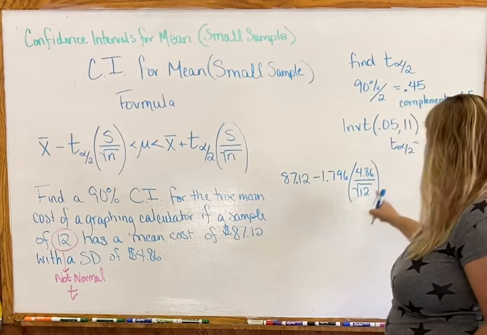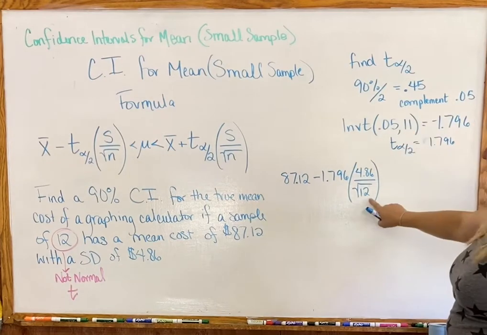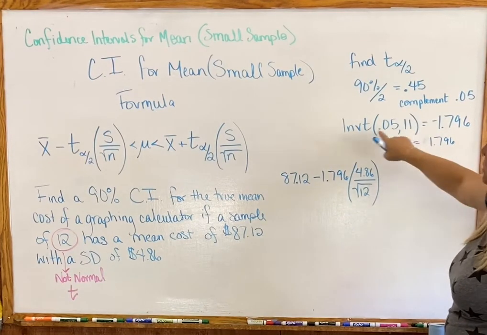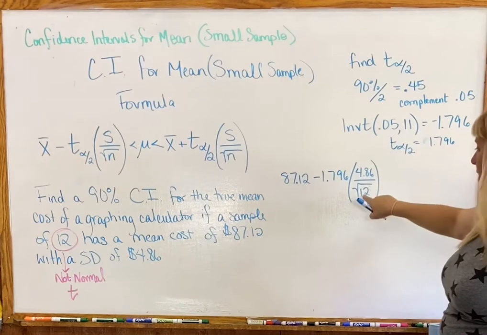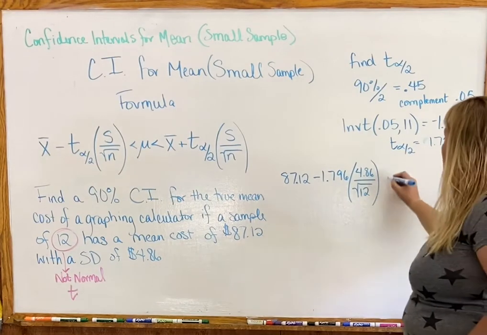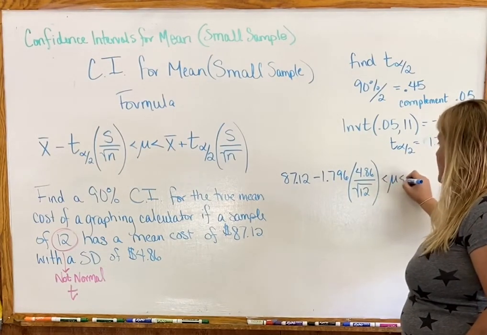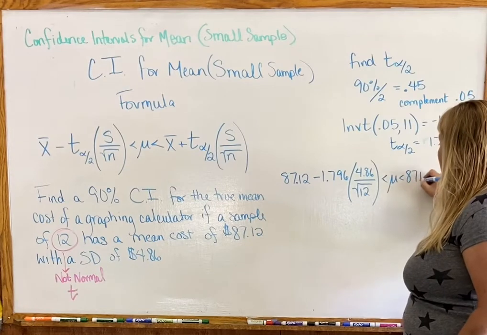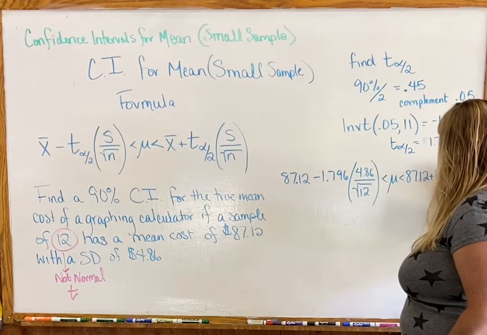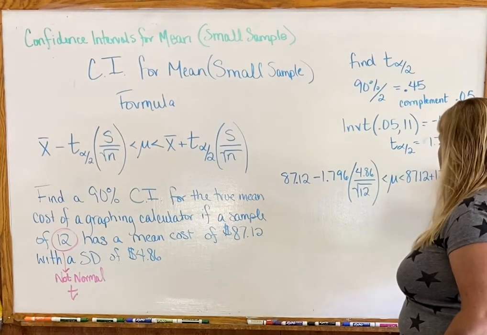Notice we used 11 up here, but we're back to using 12. So 11 only comes up in the inverse t. 12 back here. And hopefully the mean is in the middle. Just like before, the upper side is the same thing, but with a plus sign.